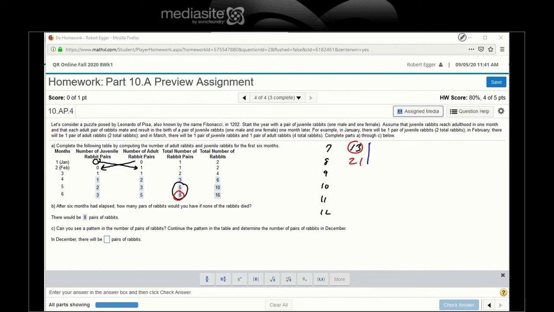And these two should combine for number 9. 34. And so forth. Keep adding. 21 and 34 is 55. Then 89. Then 5 plus 9 is 14. Carry the 1. 144. So 144 pairs which you have in December.